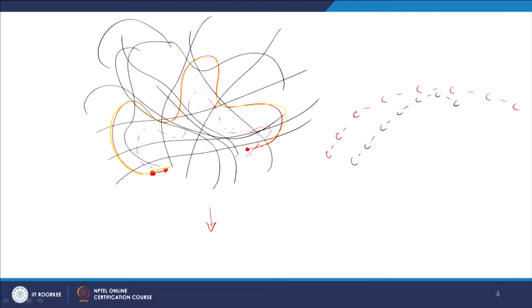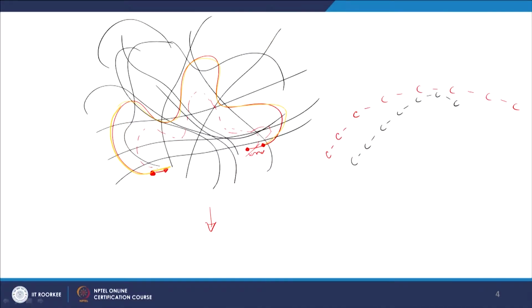So, some part of the polymer chain from the other end is lost and some part of the polymer chain is created. So, this is lost and this is created.